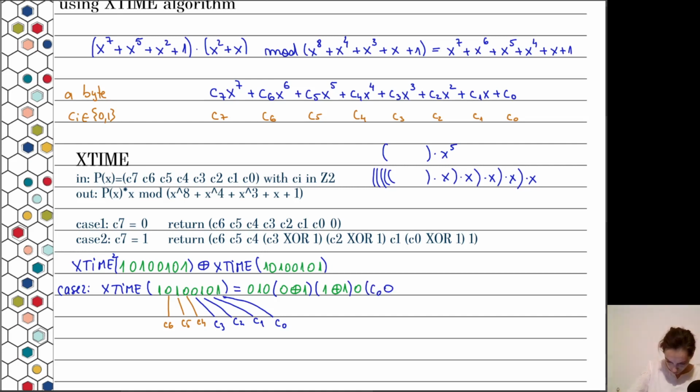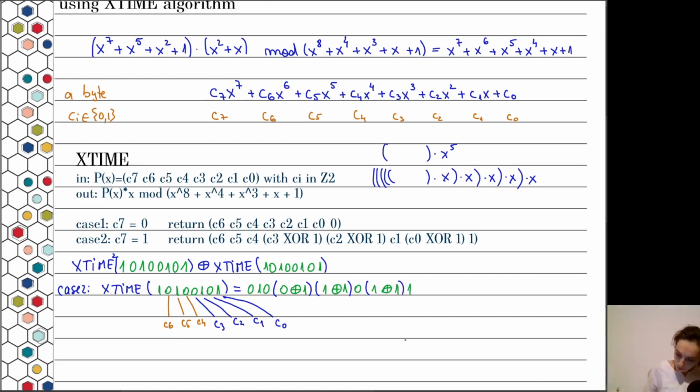So this will be 1 XORed by 1, and in the end we will have a 1.